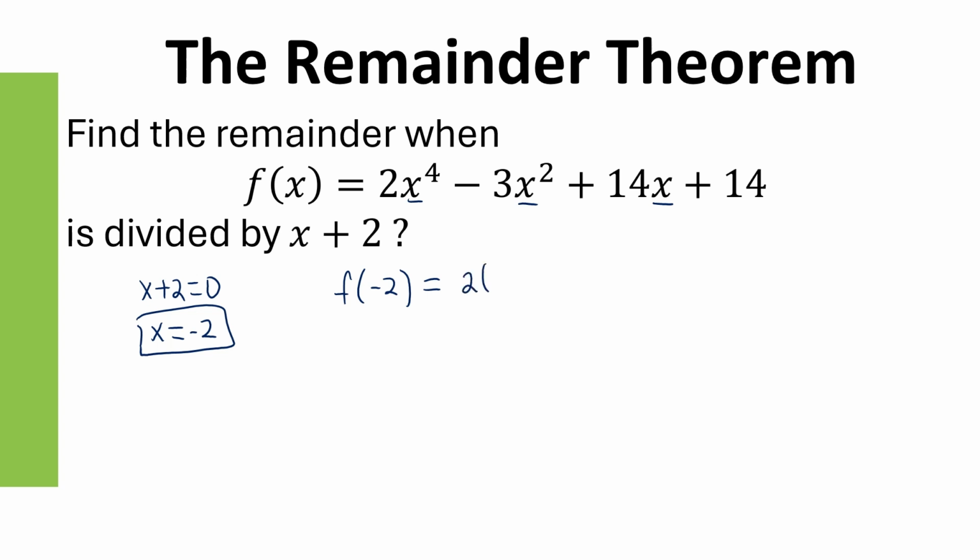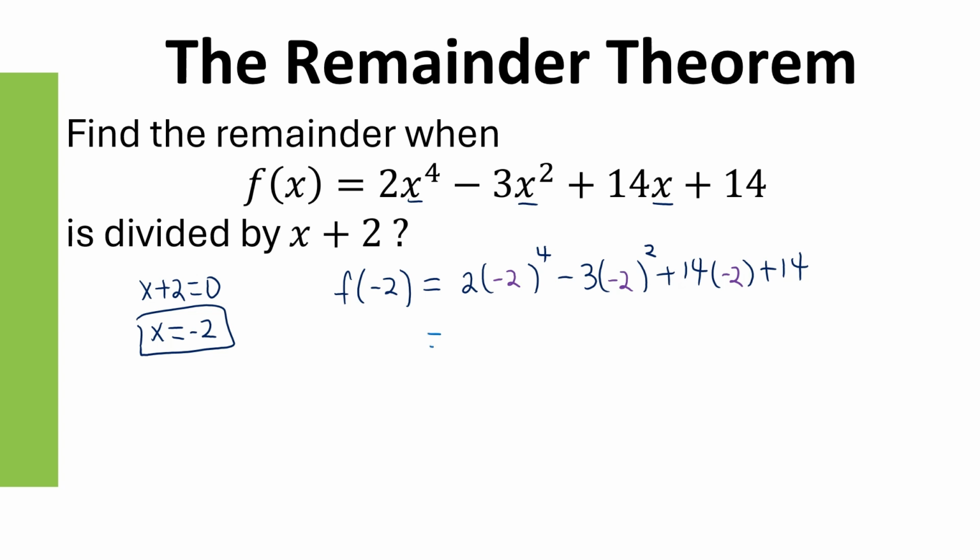So basically, you're evaluating what f of negative 2 is. This is 2 times x to the fourth minus 3 times x squared plus 14 times x plus 14. Then you replace x with negative 2 and evaluate.